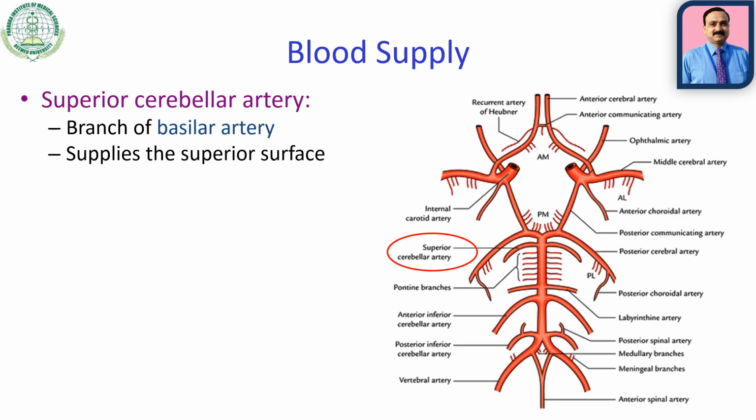there is a set of arteries which form a pentagon at the base of the brain, which are formed by contribution from the internal carotid artery. You can see here branches of internal carotid artery, then branches of the vertebral artery. So two vertebral arteries join to form a basilar artery.